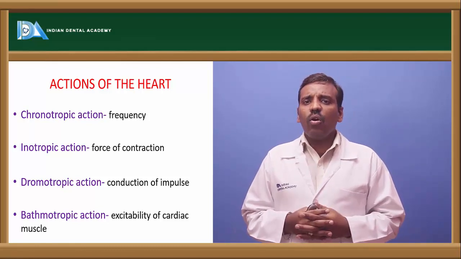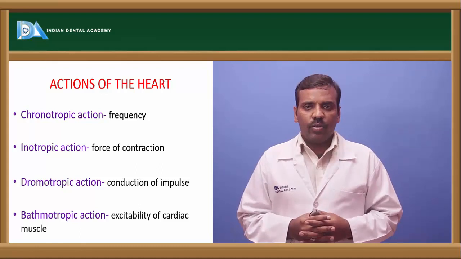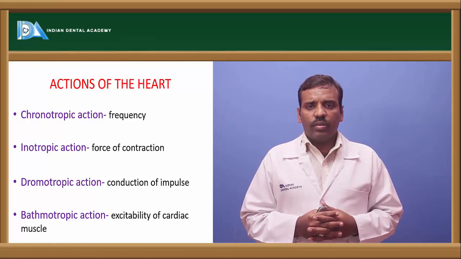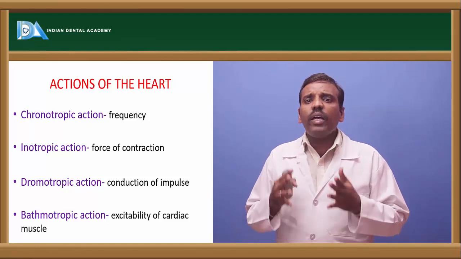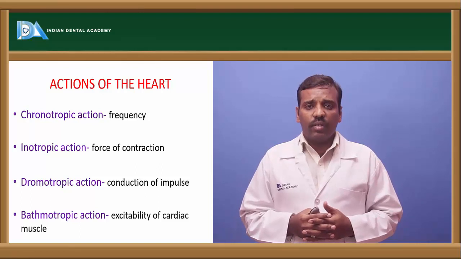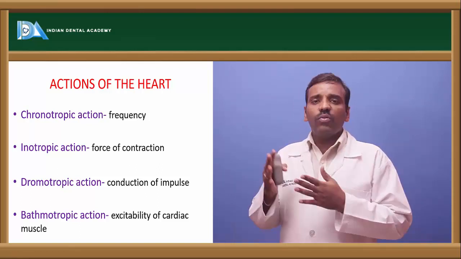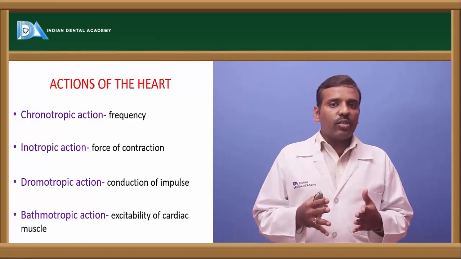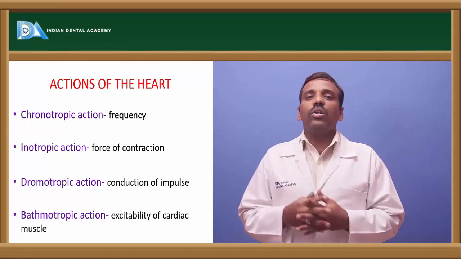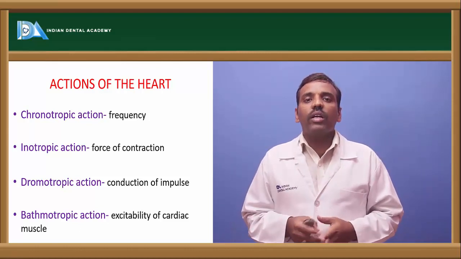And the last one is bathmotropic action. Bathmotropic action is nothing but excitability of the cardiac muscle. Okay, chronotropic action, frequency; inotropic action, force of contraction; dromotropic action, conduction of impulses; bathmotropic action, excitability of the cardiac muscle.